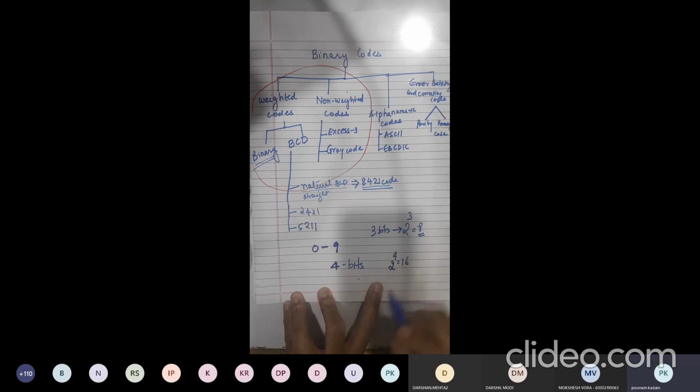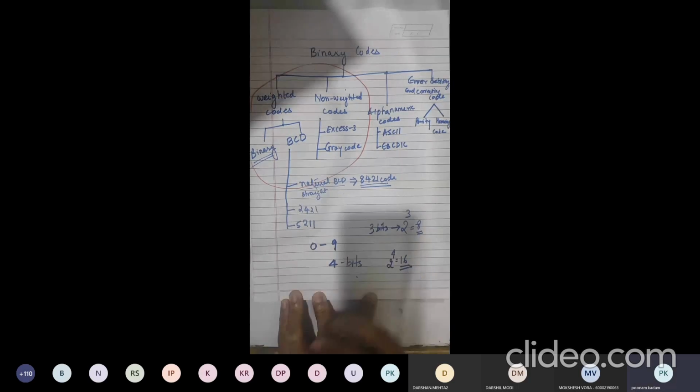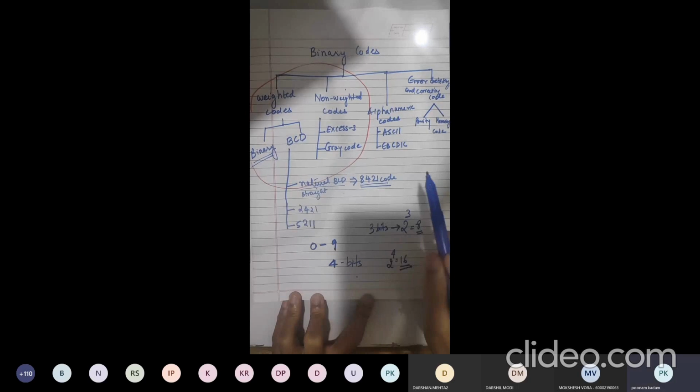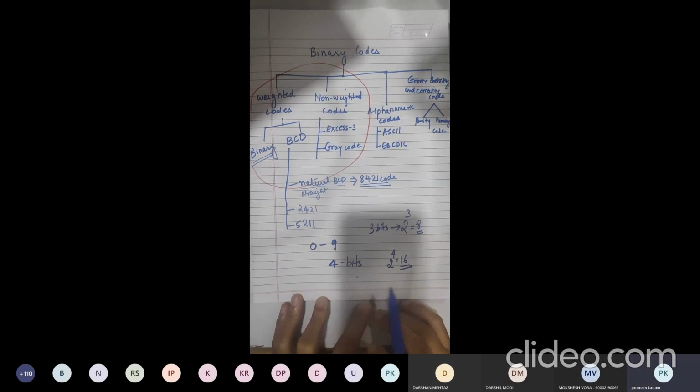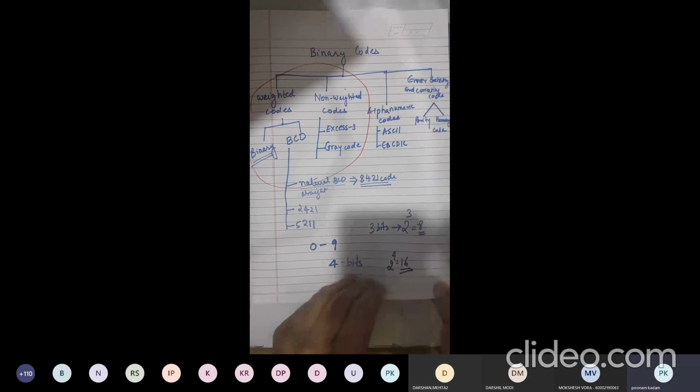But out of these 16 unique codes, we will be using 10 codes to define each of these 10 unique symbols. So each symbol will correspond to a unique 4-bit digital code. Now let us start with BCD code.